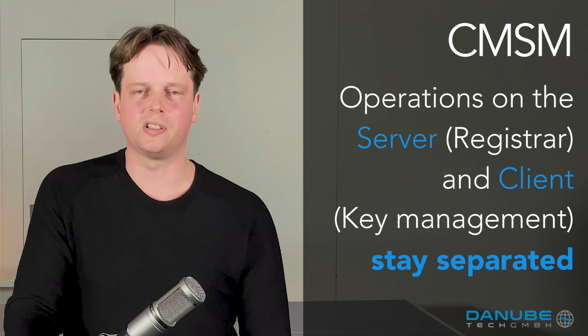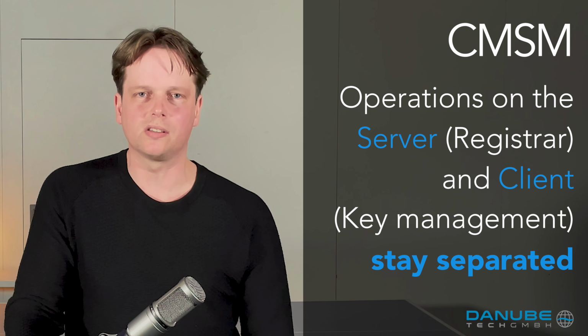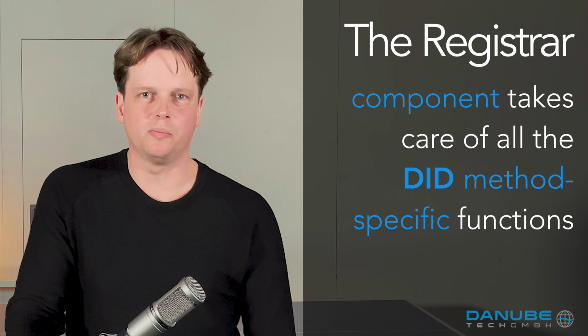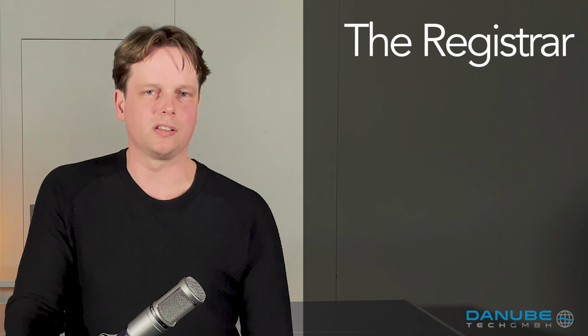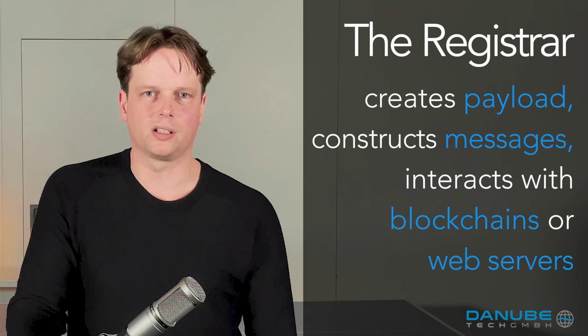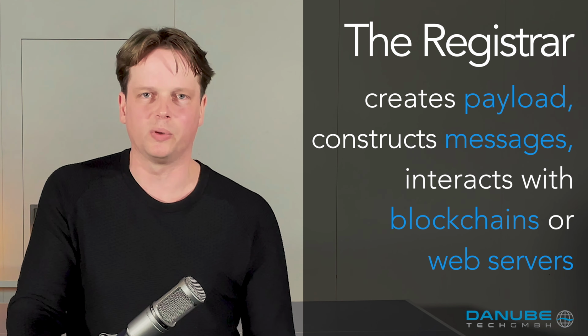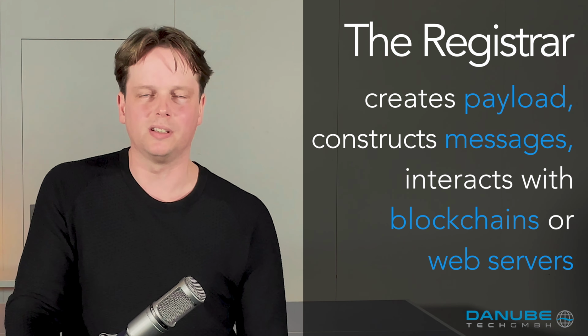In other words, we're really separating all the DID-specific operations that are executed by the registrar component from the key operations, which stay on the client side. So this means that the registrar component will take care of all the DID method specific functions. It will create payloads, it will construct messages, it will interact with blockchains or web servers or whatever else is needed for a specific DID method.